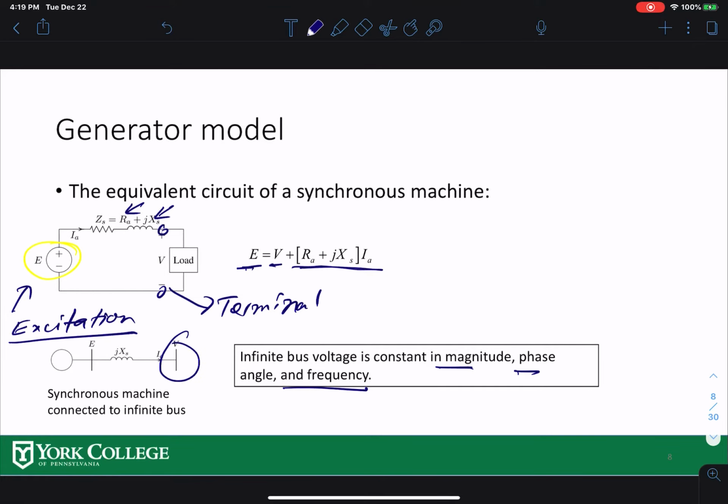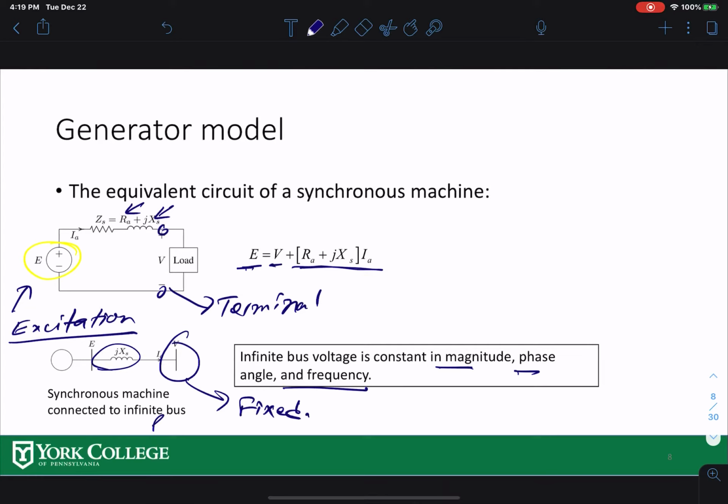So for this bus bar, the voltage is predetermined, it's fixed. The generator comes in and connects to it, but it just pumps power in there and cannot disturb the voltage. That means your generator should match the voltage of the grid. That's called infinite bus bar. For the infinite bus bar, we also take the RA out of here.